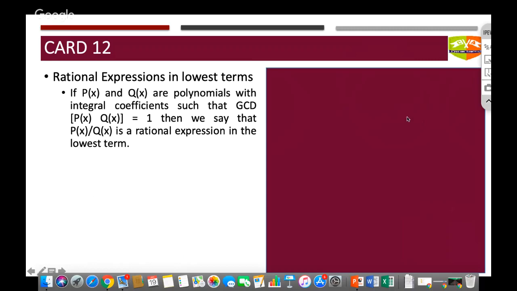If it is not in simplest form, then it can be brought to simplest terms by cancelling the factors properly.